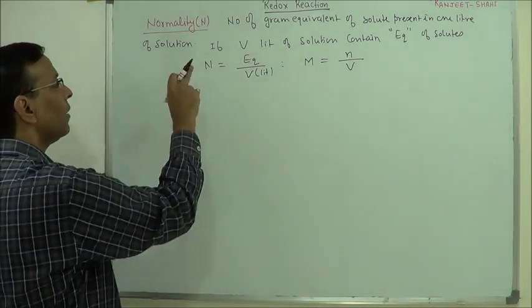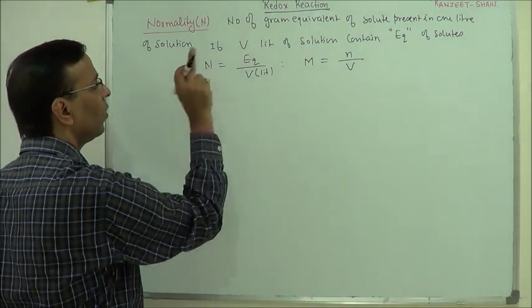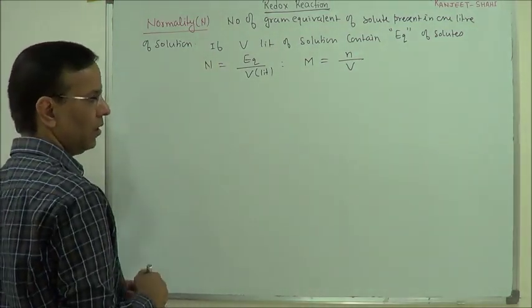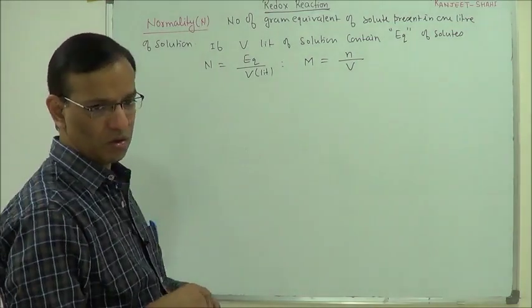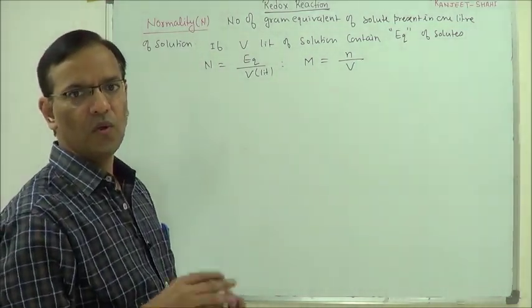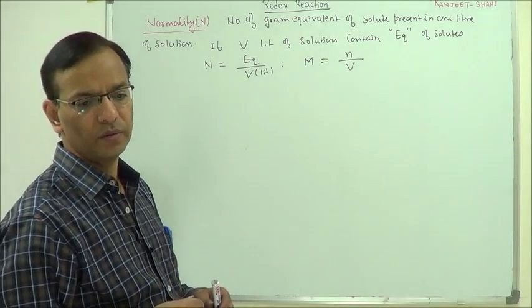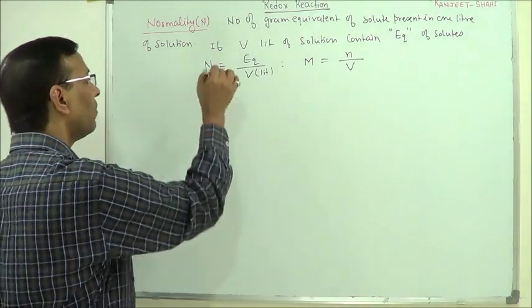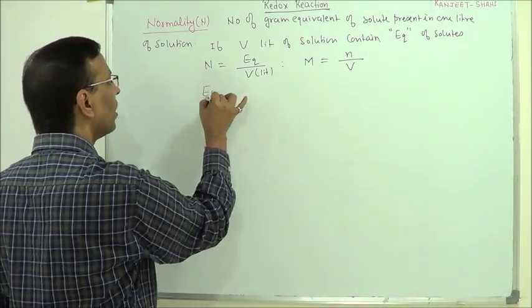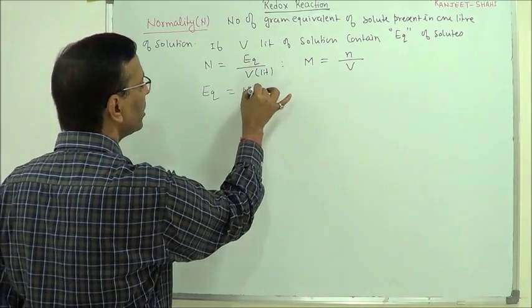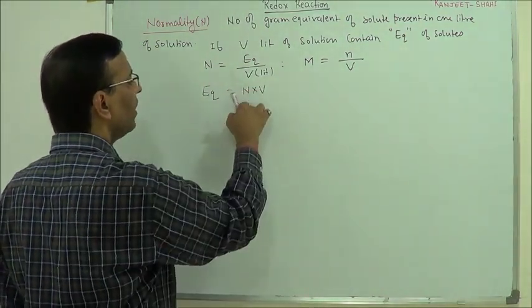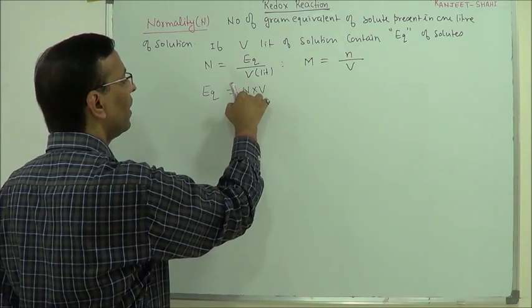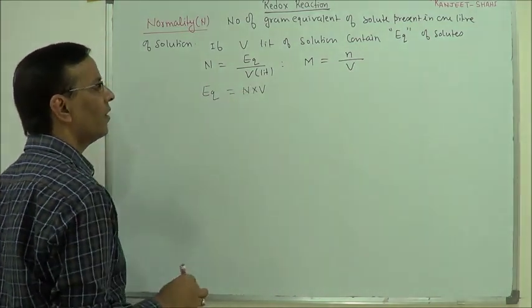So if we multiply normality by the volume of solution, we directly obtain the number of gram equivalent. So number of gram equivalent is normality into volume. But be very careful when using this relation. Here the volume is in liter.